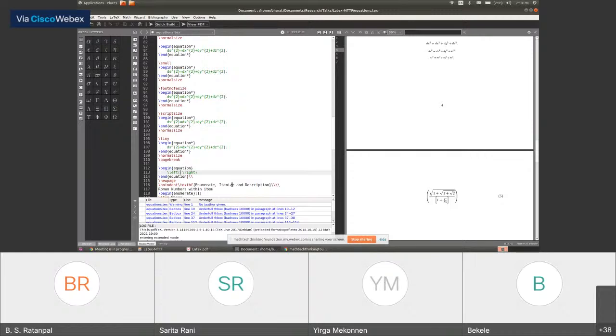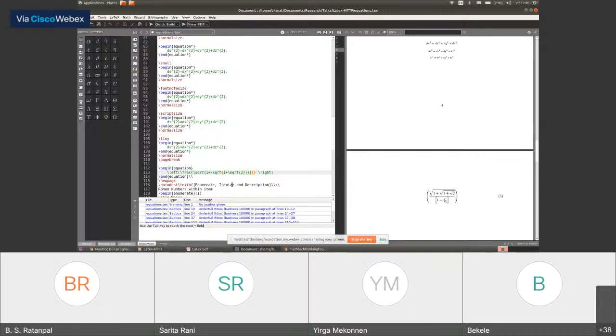Then I need a fraction, so frac, numerator and denominator. In the numerator there is a square root, so slash sqrt. Square root of 1 plus, again slash sqrt, square root of 1 plus, again slash sqrt of 2.